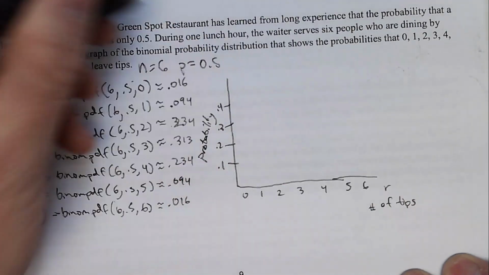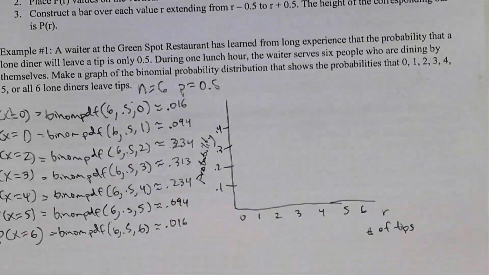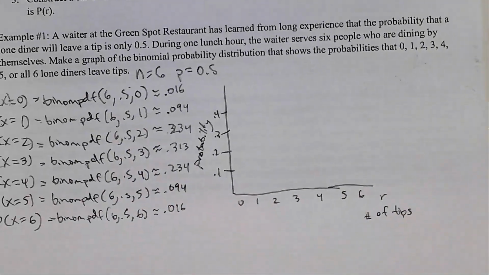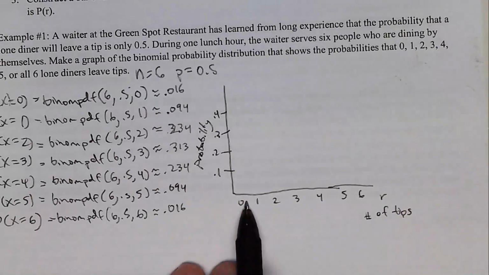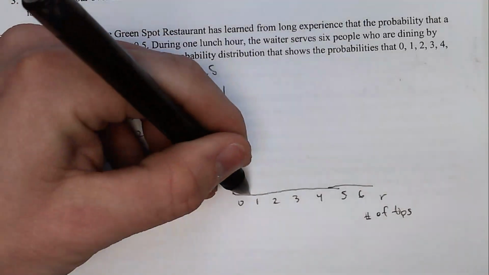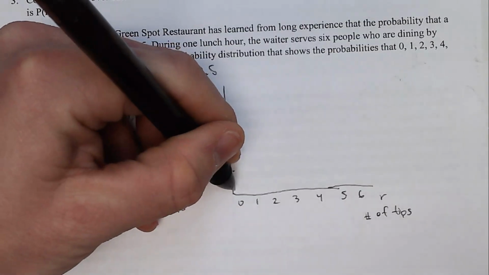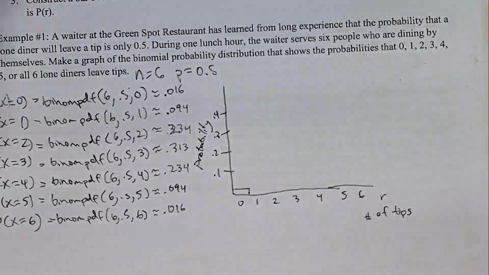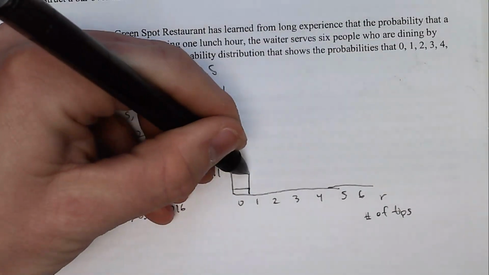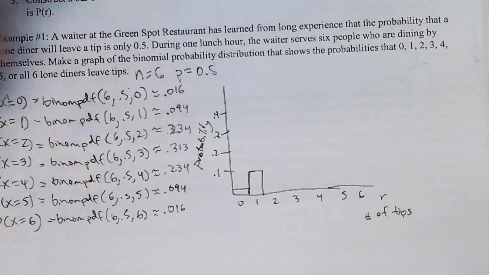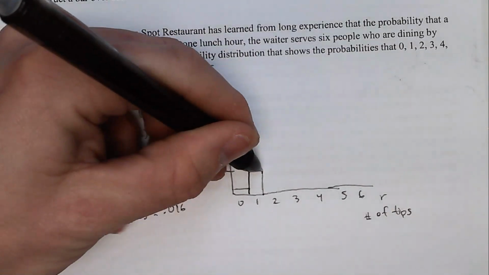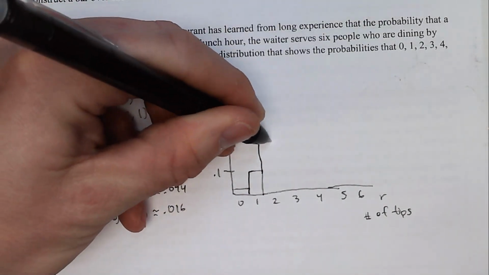Now I'm going to make bars for each one. For 0, it's 0.016, which is barely up here, just right there. For 1, I'll go to 0.094. For 2, I go to 0.234, a little above 0.2.